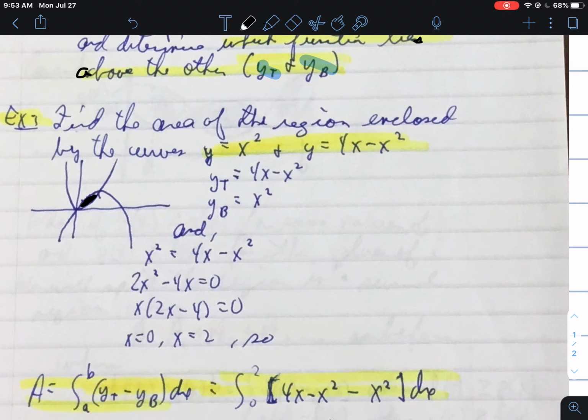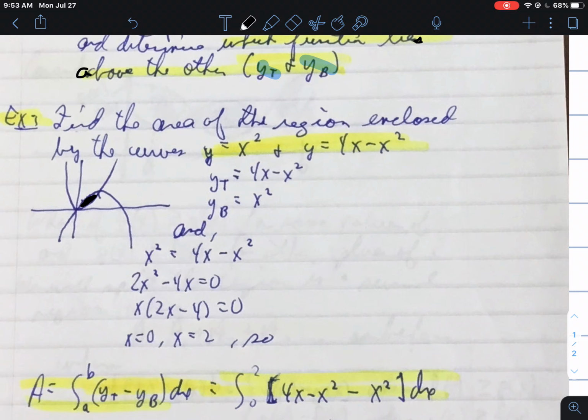Now we also need to know the points of intersection, right? So we know what interval we are calculating the area over. So what interval do we need to integrate over? Well, finding the points of intersection, you can do that one of two ways. We've done intersections before on the calculator, back when we were doing the epsilon delta things, and we were graphing a function, and we graphed horizontal lines, and we found points of intersection.